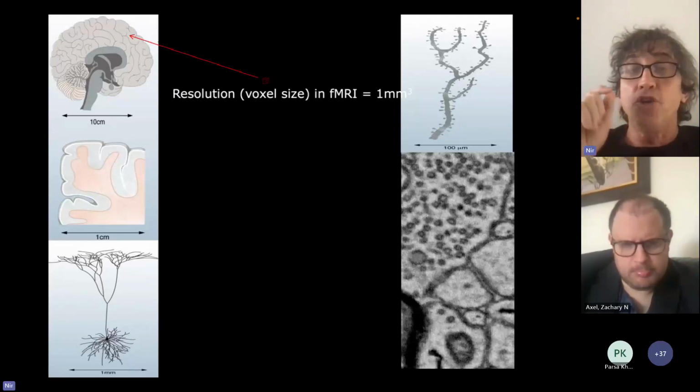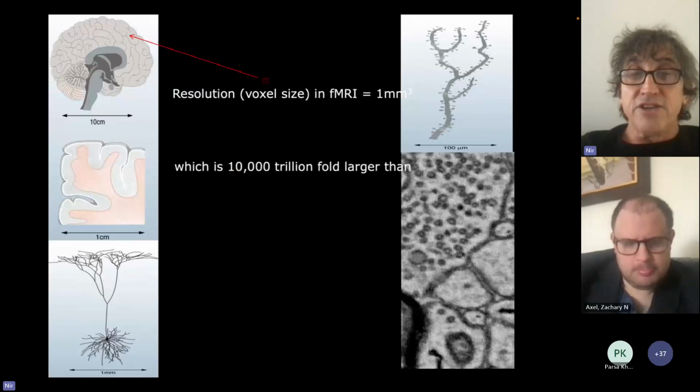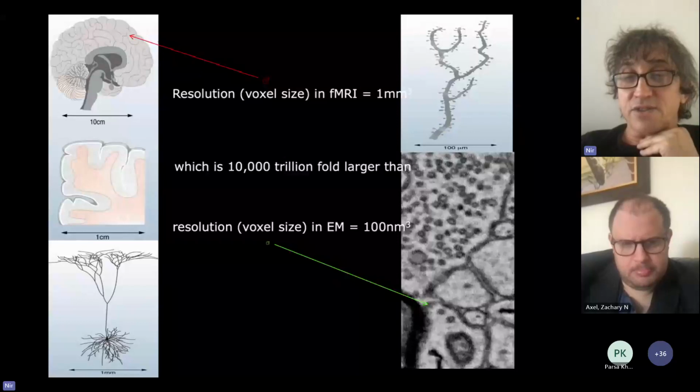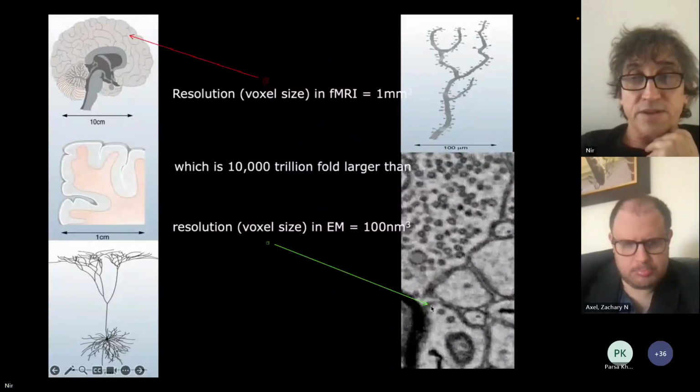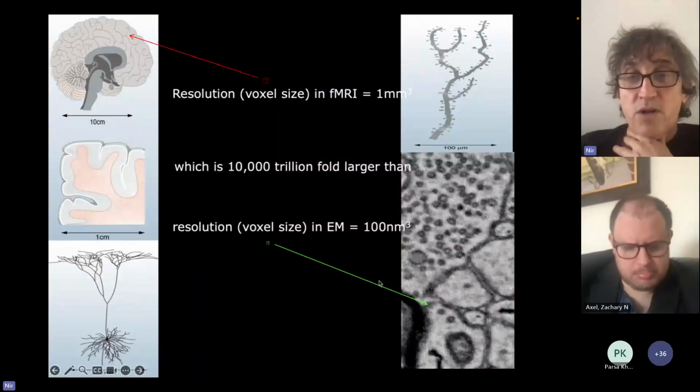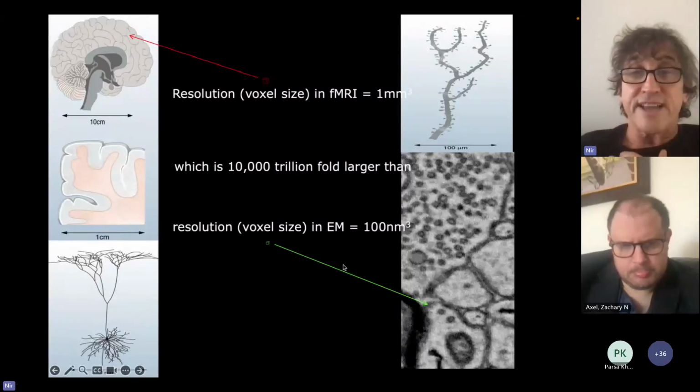That's at the level of a cubic millimeter, and this is about 10,000 trillion times larger than the voxels of the electron microscopy that I'm looking at here. The resolution that I need to get this right is so much smaller that it makes it very, very hard to argue about these things and understand them.